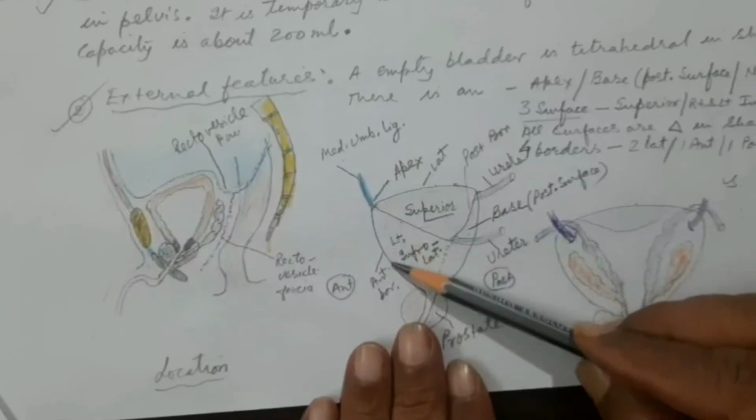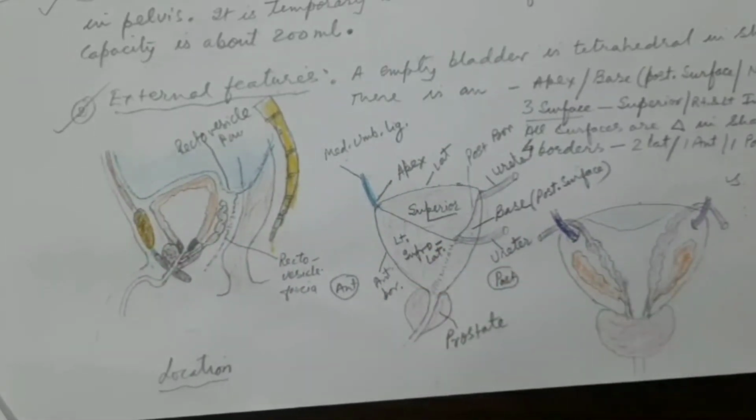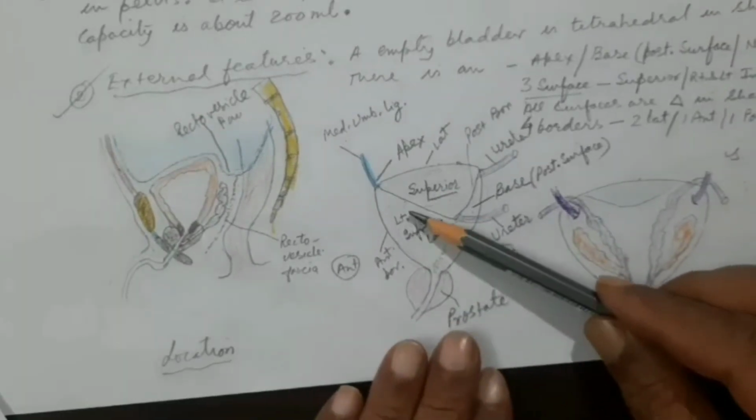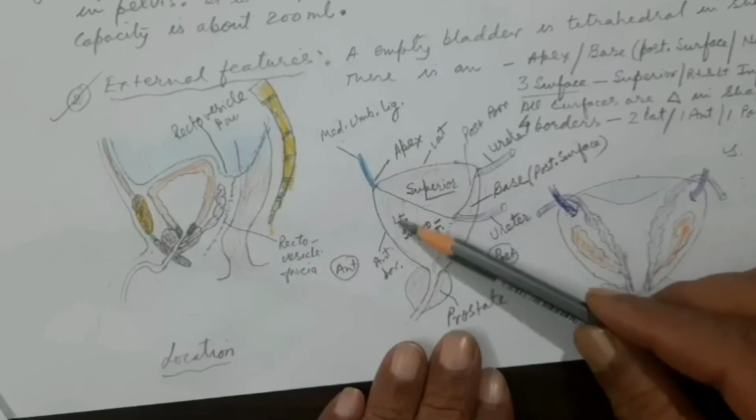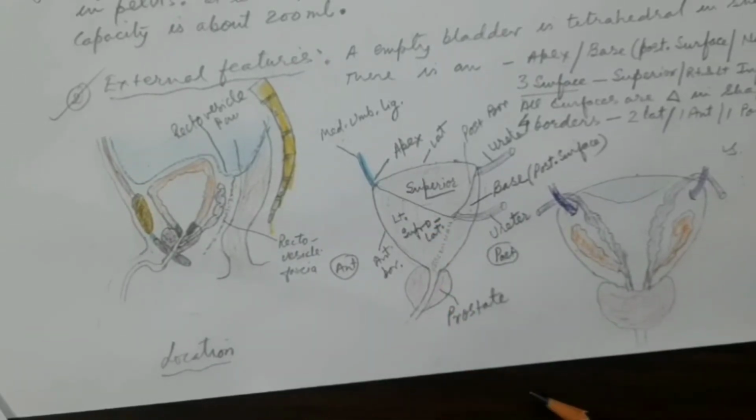So the infralateral surface is in relation with the levator ani muscle, which forms the pelvic diaphragm and closes the pelvic cavity from below. Above the levator ani, part of it is also in relation to the obturator internus.